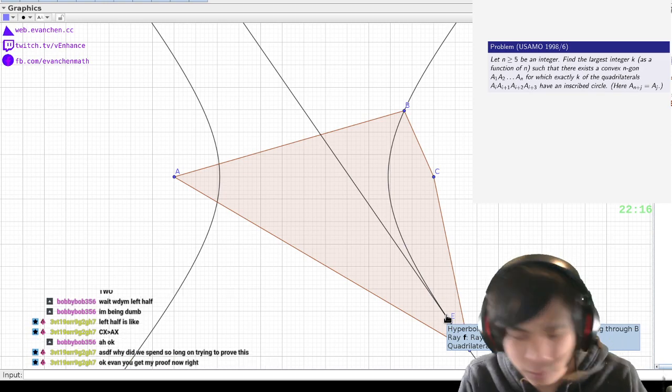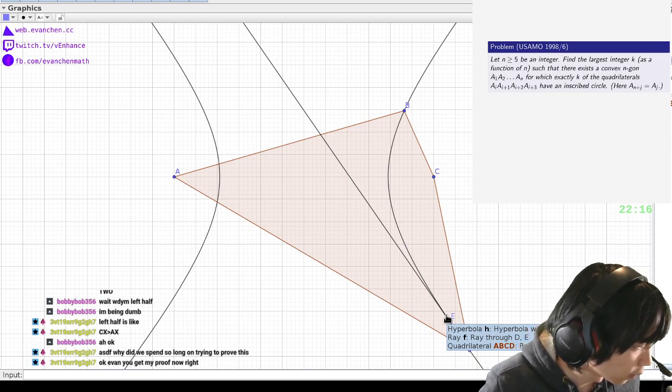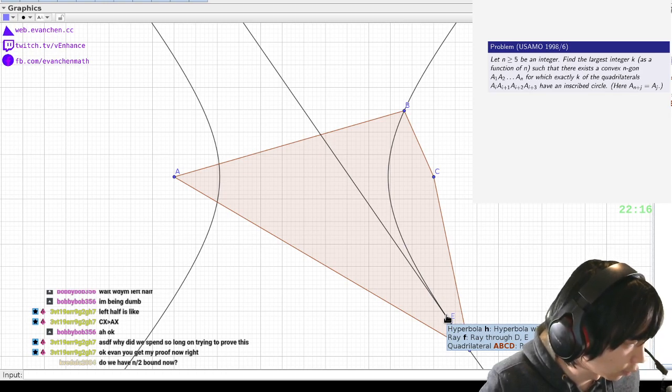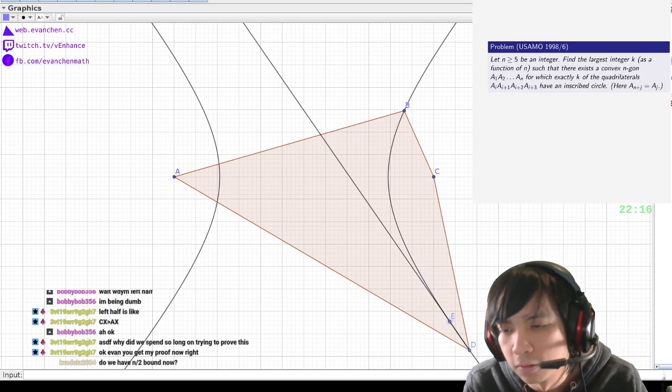Wait, why does that work? Yeah, I mean, this should be floor n over 2 for sure. There should be a bound of floor n over 2 for sure because no two quadrilaterals share a side.